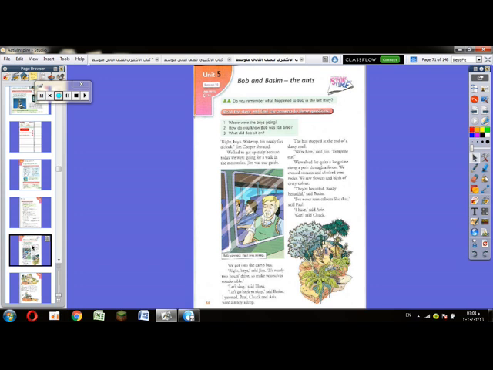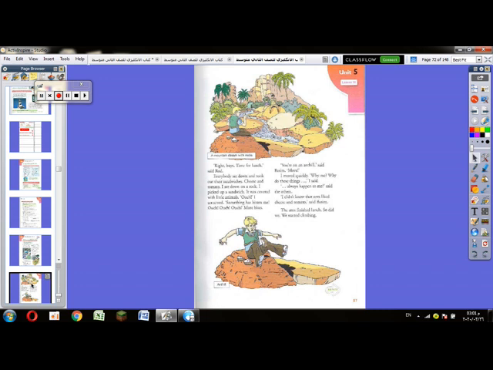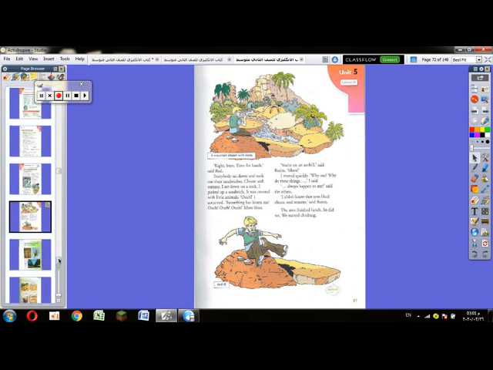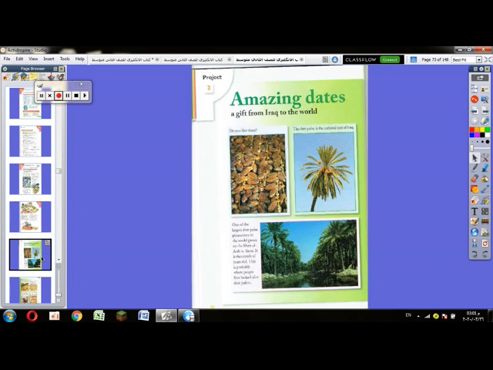Read a story for comprehension. We have some question activities about that. After that, we have the same short story. Yes, we have some project.